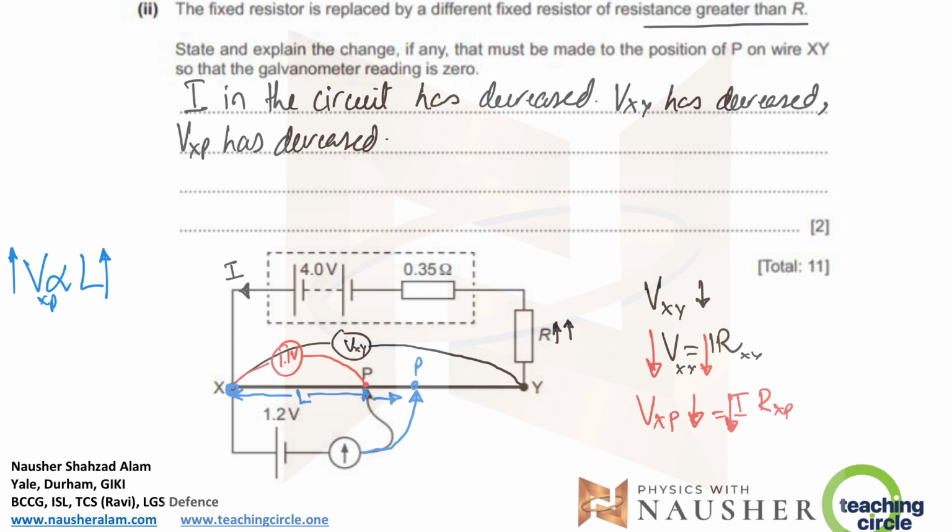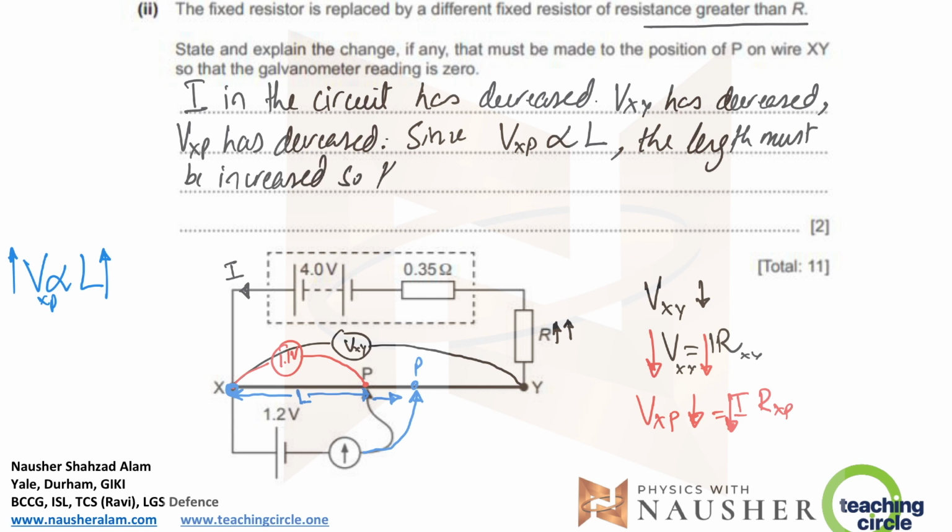And I gave you the logic over here. Then you would say that since voltage XP is proportional to length, the length must be increased so that voltage XP becomes equal to 1.2 volts again.